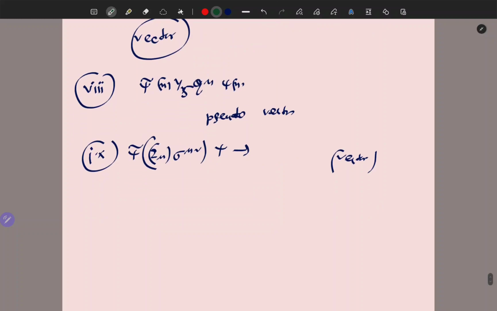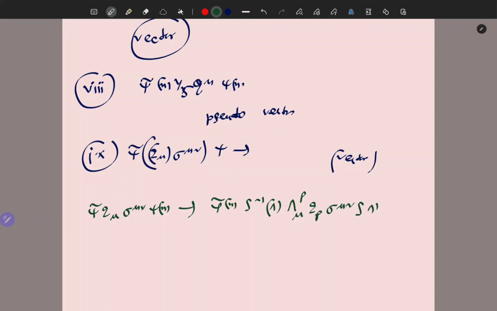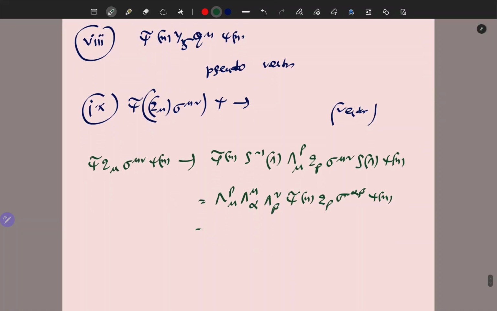So psi tilde q mu sigma mu nu psi of x transforms like psi tilde of x S inverse of lambda lambda rho mu q rho sigma mu nu S of lambda psi of x, which is lambda rho mu lambda mu alpha lambda nu beta psi tilde of x q rho sigma alpha beta psi of x, equal to lambda nu beta psi tilde of x q alpha sigma alpha beta psi of x. This is equation number 77.